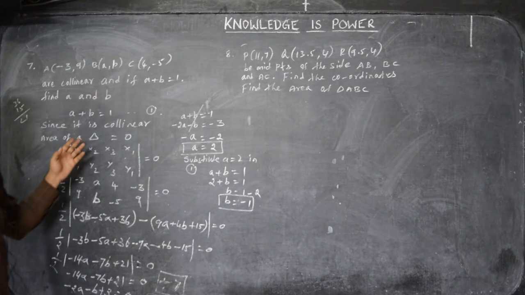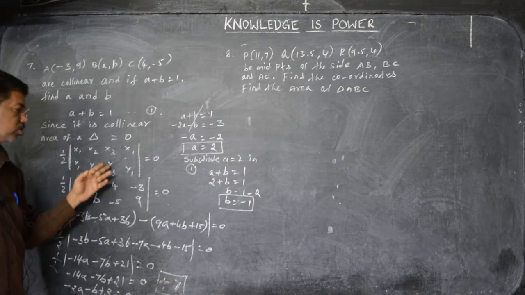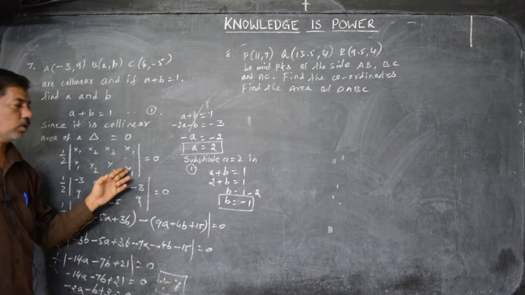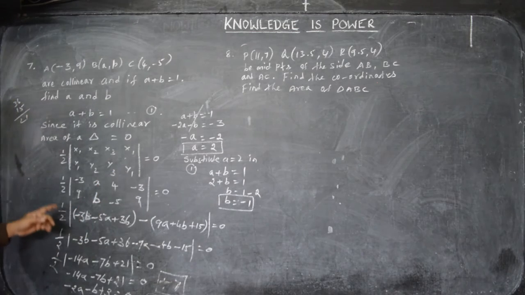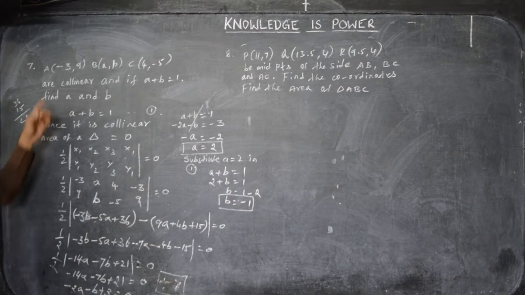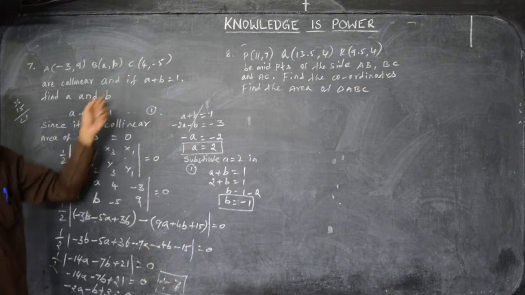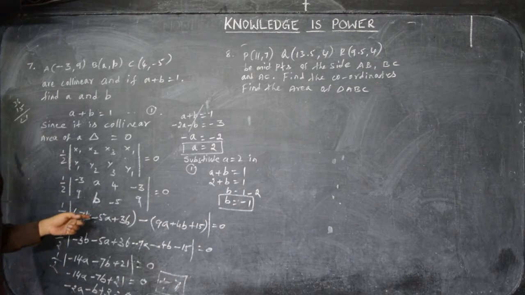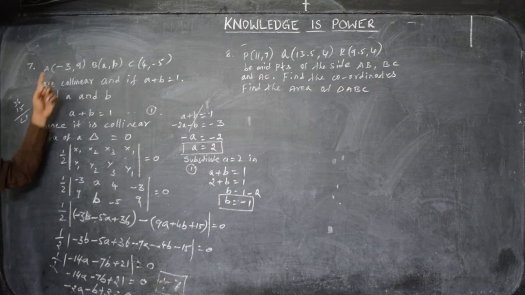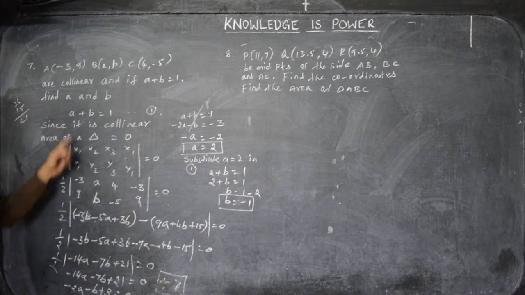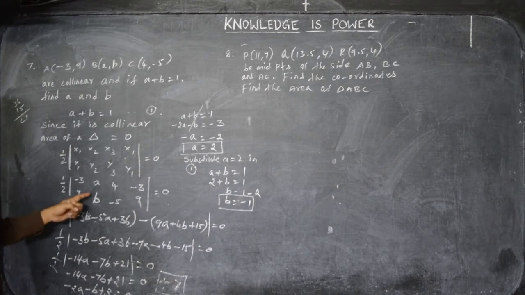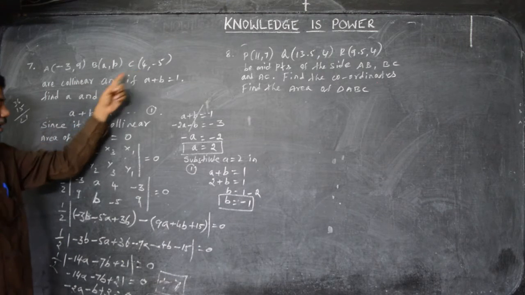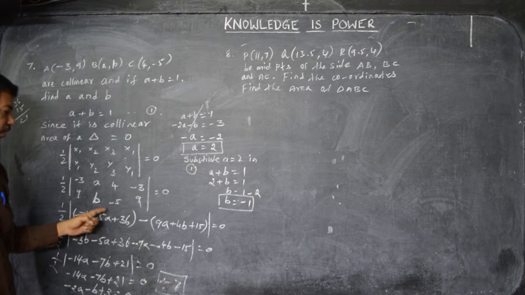Half of the determinant x1 y1, x2 y2, x3 y3, again x1 y1, equal to 0. Substitute all three coordinates: first coordinate x1 y1, second coordinate a b, third coordinate 4 comma minus 5.